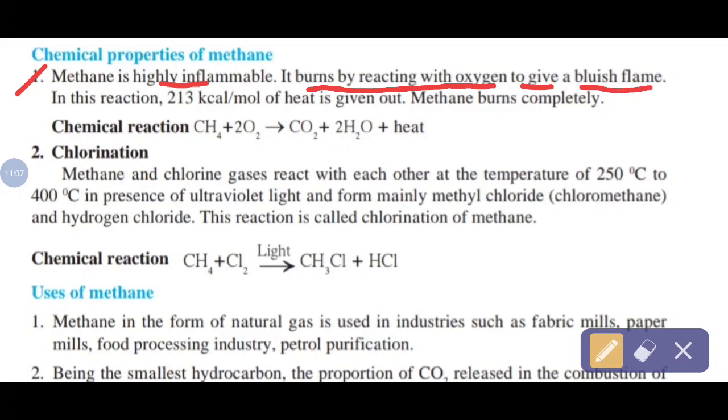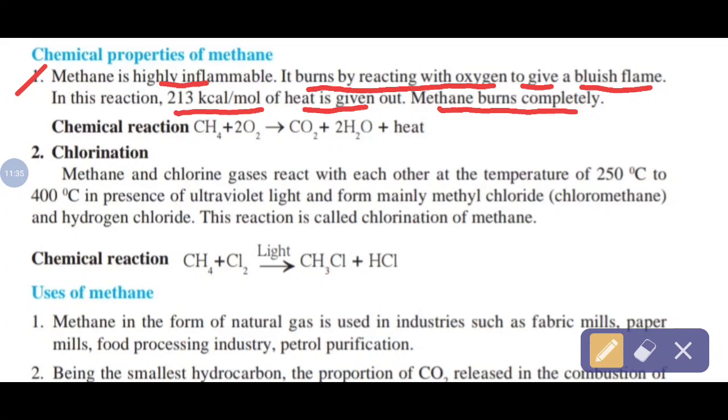In this reaction, 213 kilocalorie per mole of heat is given out. Methane burns completely, like the gas present in our gas cylinder. No residue is obtained after the burning of the gas in our gas cylinder. In that way, methane burns completely.